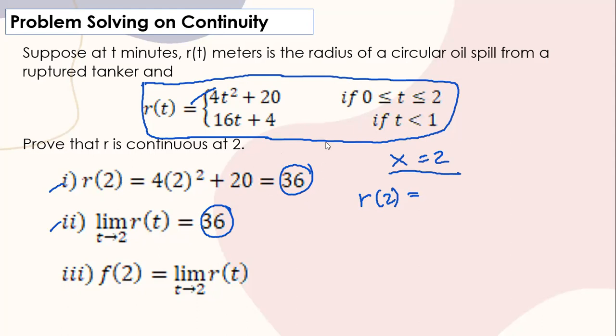Okay, so even if we have the piecewise function here, as we test the limit, nakakuha tayo ng value. That's why na-satisfy yung second condition. Okay, so and also the third one.